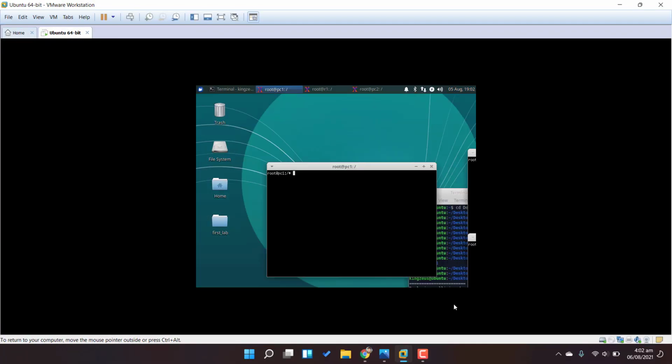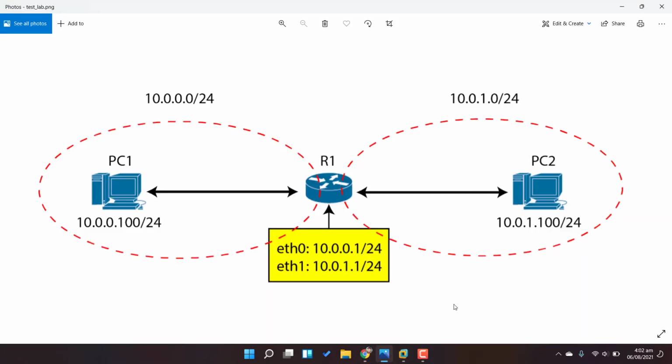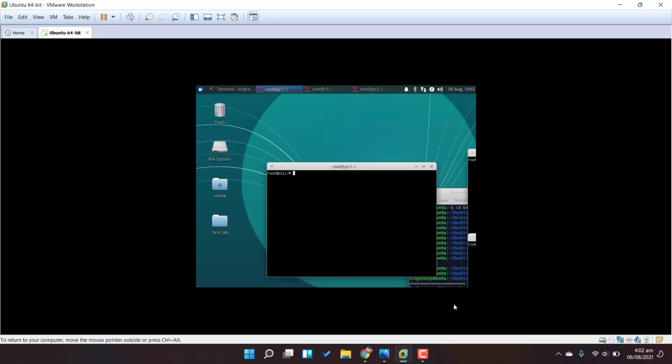For PC1, let's see what the IP address was. It's 10.0.0.100. ip address add 10.0.0.100/24. What was the device? Well, the device was eth0. Perfect.